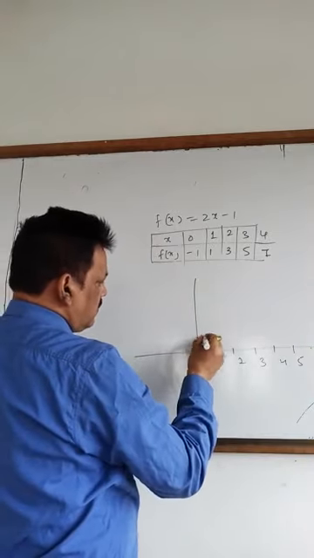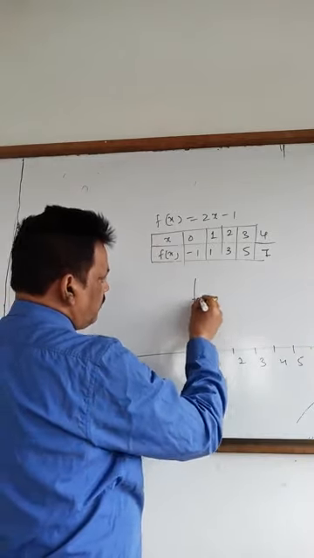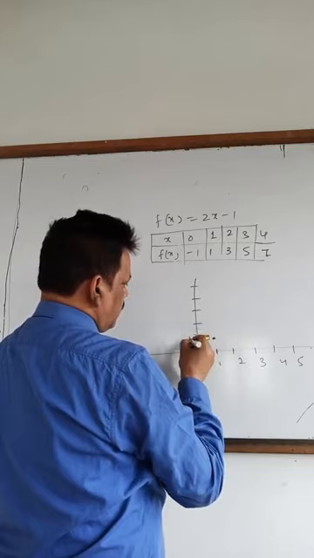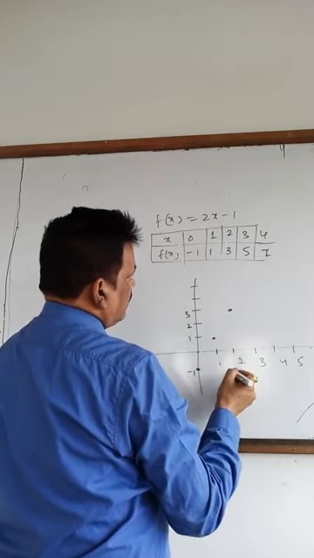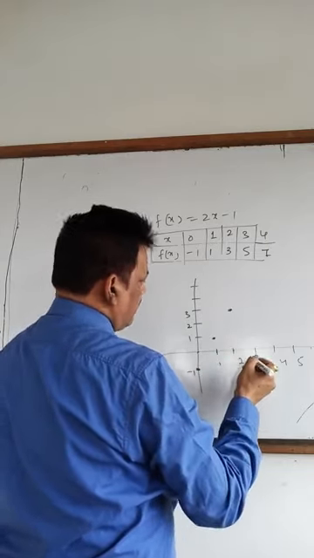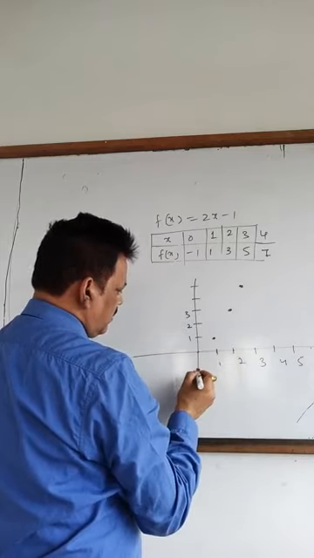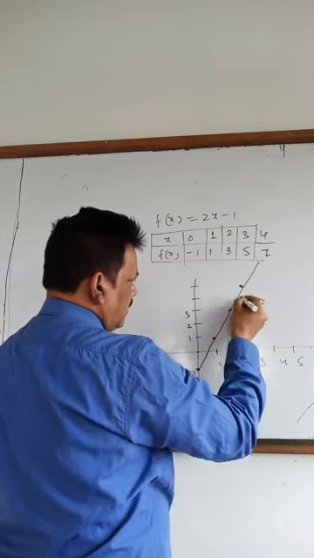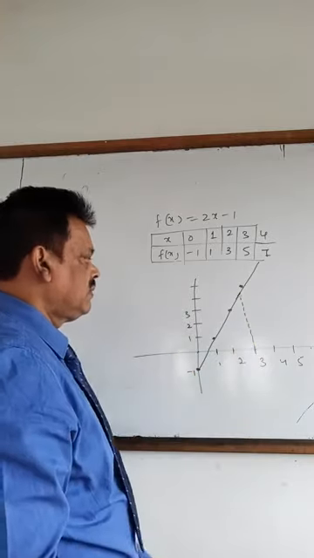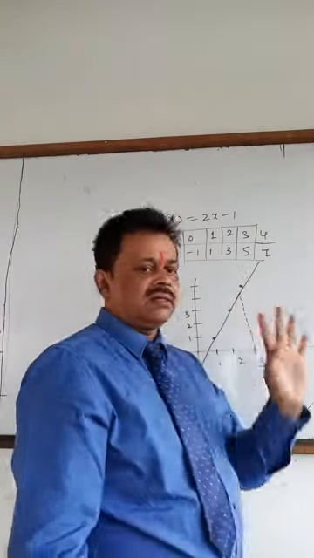We plot the points (1, 1), (2, 3), (3, 5), something like that. So you get a graph in this way. At x equals 3, you can see there is no break. It is continuous. There is no hole in the graph. So this shows that this is a continuous graph.